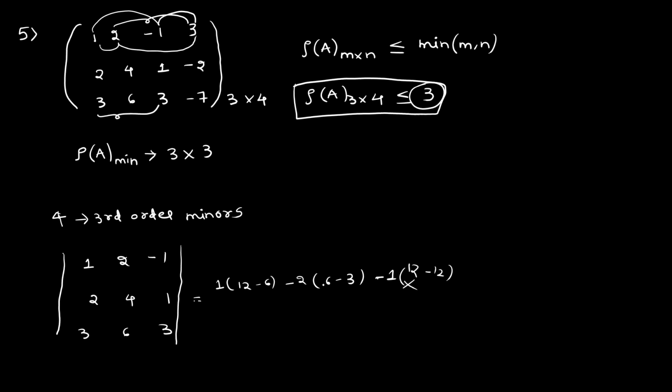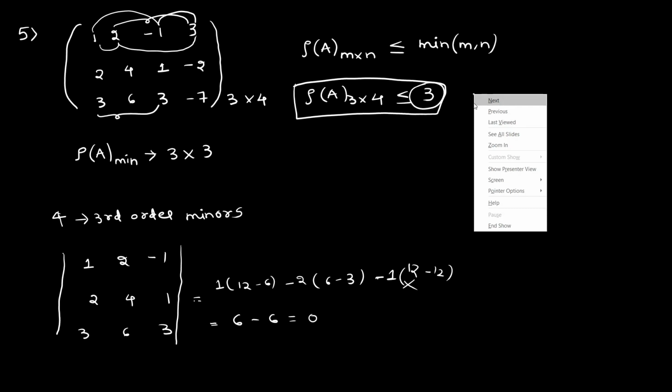So this will be 0. The first third order minor determinant is equal to 0. So we cannot decide that the rank of A is less than 3. We need to check all the possibilities.